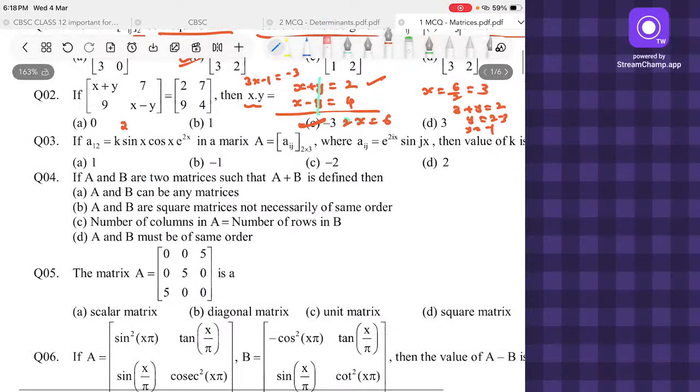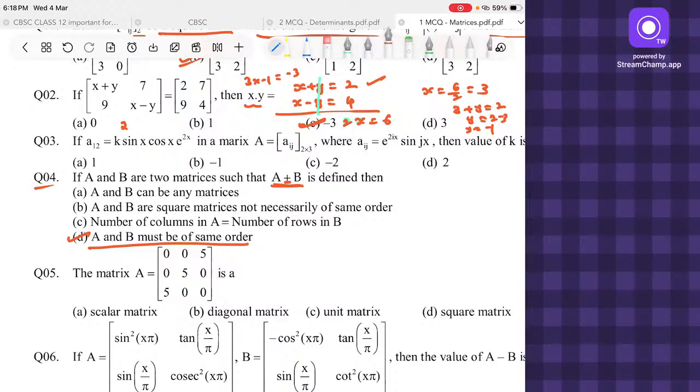Then fourth question. If A and B are two matrices such that A plus B is defined, then if sum or difference is defined, only the order of the matrices should be the same. That means option D, A and B must be of the same order.